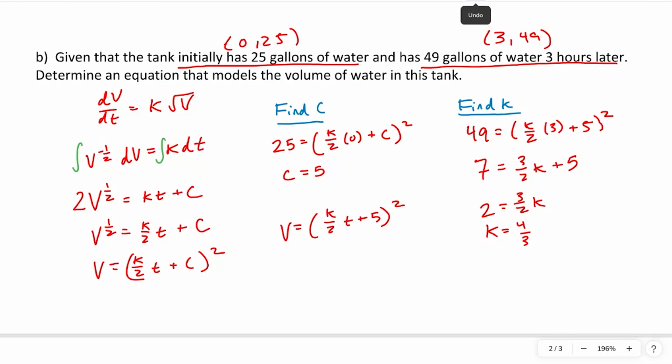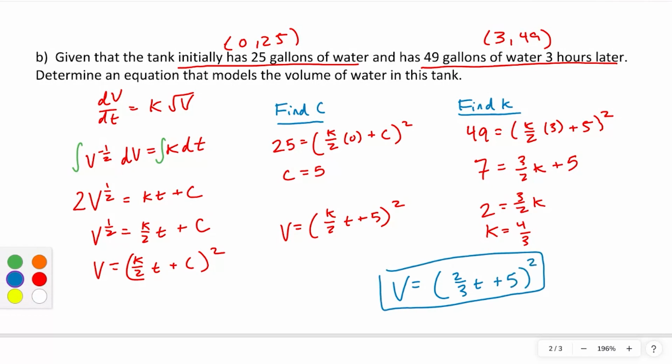So now I think we've got everything we need. If k is 4/3, let's look back at this equation. 4/3 divided by 2 is 4/6. What does 4/6 reduce to? 2/3. So V equals 2/3 t plus 5, squared.